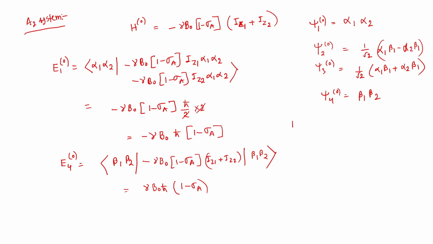What about the states 3 and 2? See what is going to happen. It is quite big: 1 by root 2 (alpha 1 beta 2 minus alpha 2 beta 1). Then this thing is there.